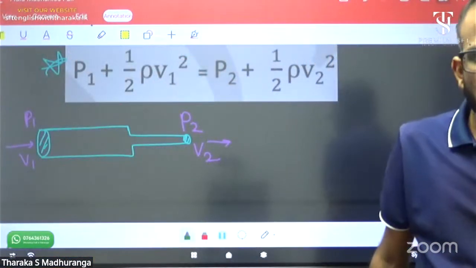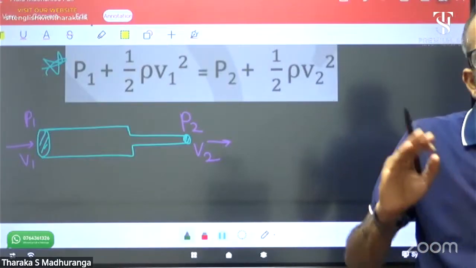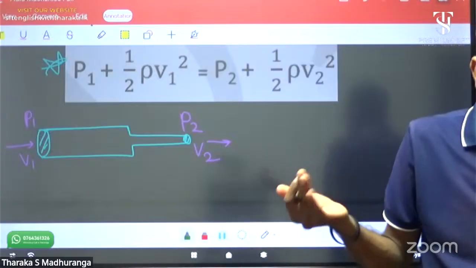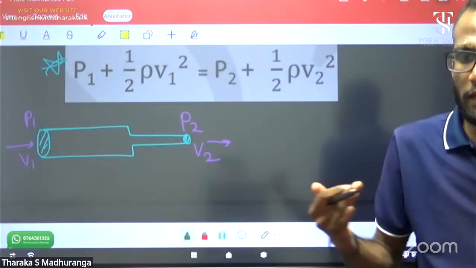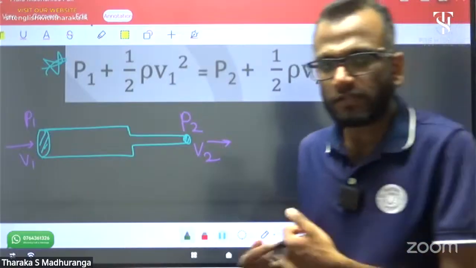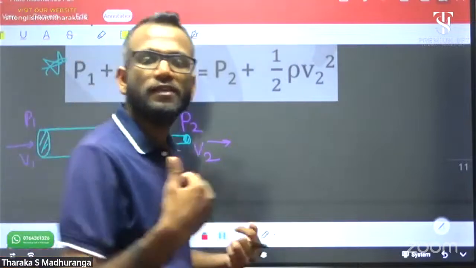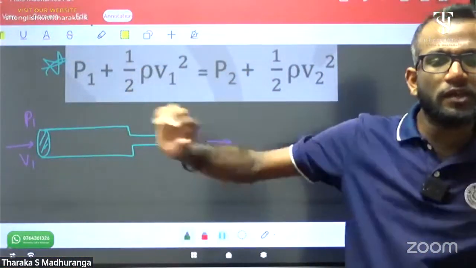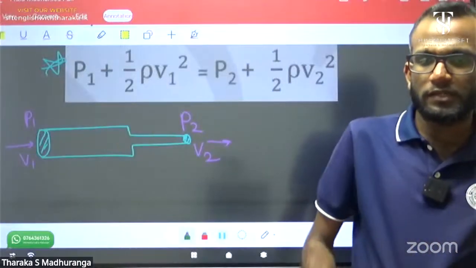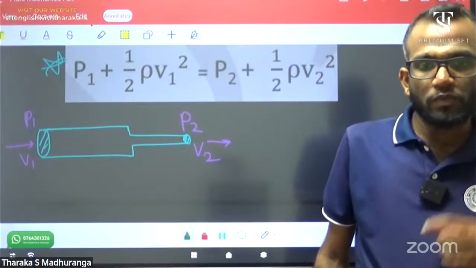Now think, okay, in this type of pipe, V1 or V2, which is the greater velocity? According to the continuity equation we discussed last week, for fluid flowing in steady condition, which is the higher velocity, V1 or V2?